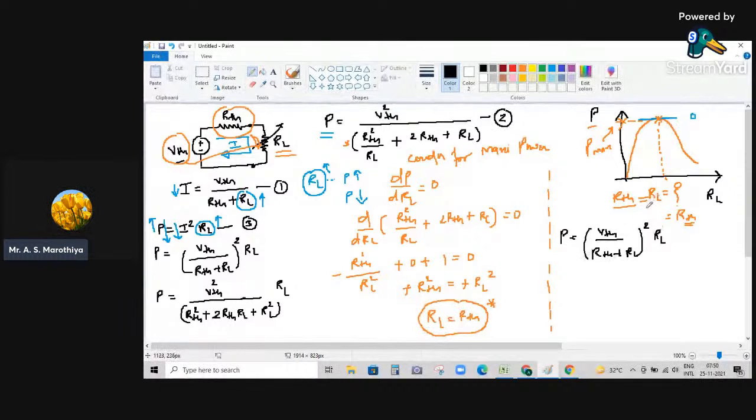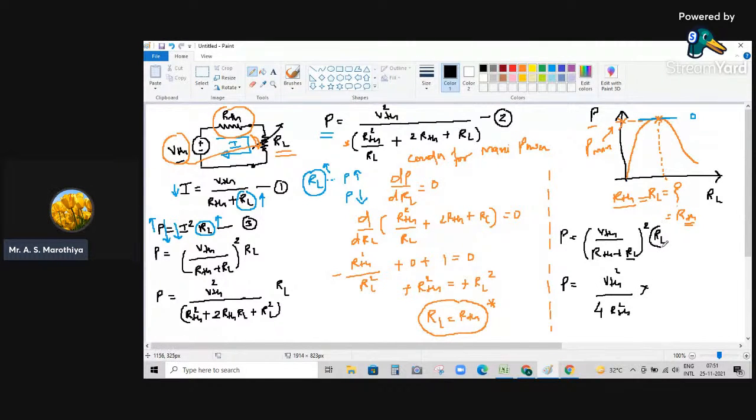Now apply the logic over here. That means put the value of RL equal to RTH. So I can write here P is going to be equal to what? VTH square divided by, this RL we need to put as RTH. So RTH plus RTH, this is going to be 2 RTH. If you take the square, this is going to be 4 RTH square, into here.